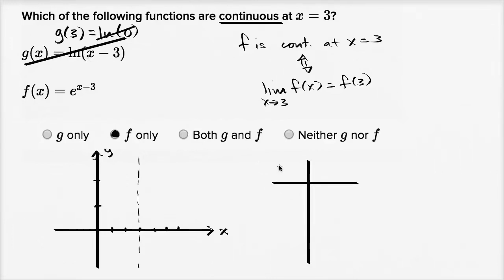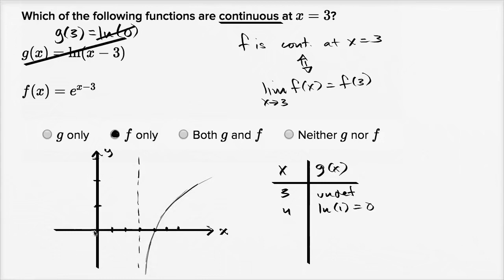So if I say x and I say g of x, at 3, you're undefined. At 4, this is ln of 1, which is equal to 0. So it's right over there. So g of x is going to look something like that. And so you can see at 3, you have this discontinuity there.